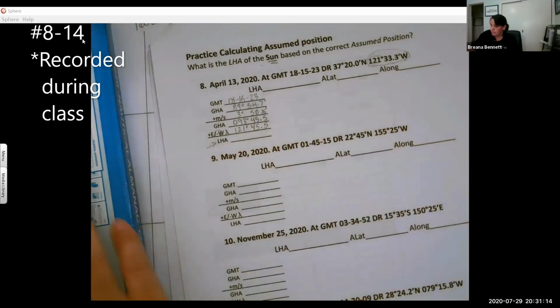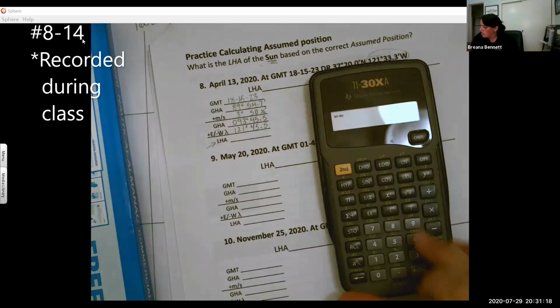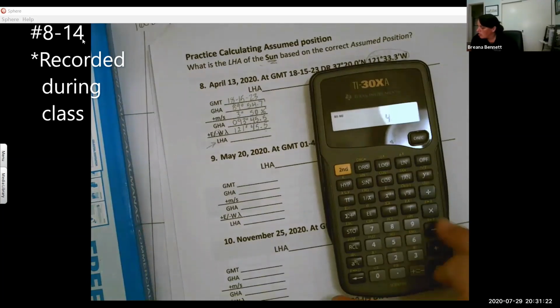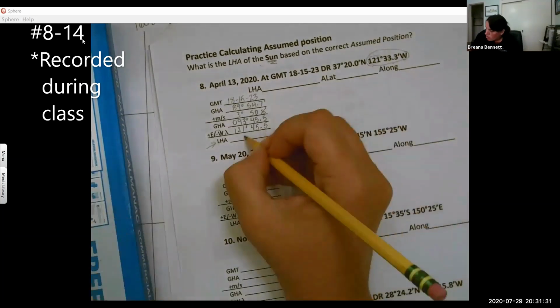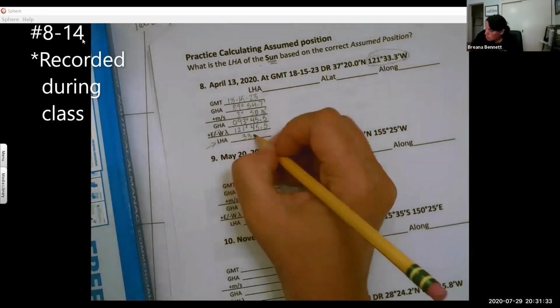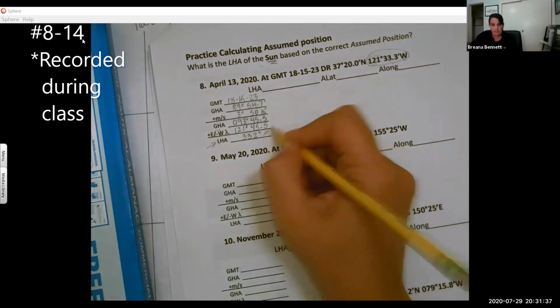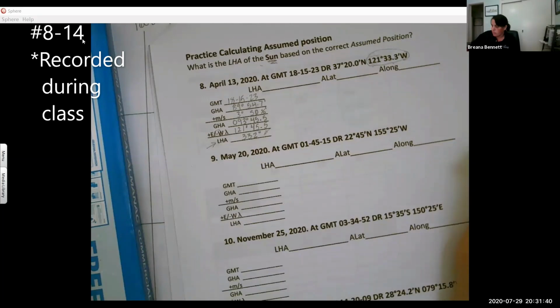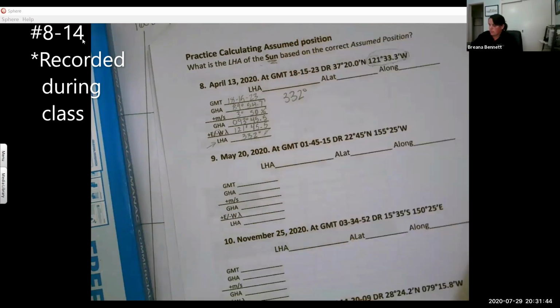So now I can get an LHA. 121 gives me 332 degrees, whole degrees, because it's 0 minutes. So I have an LHA of 332 degrees.